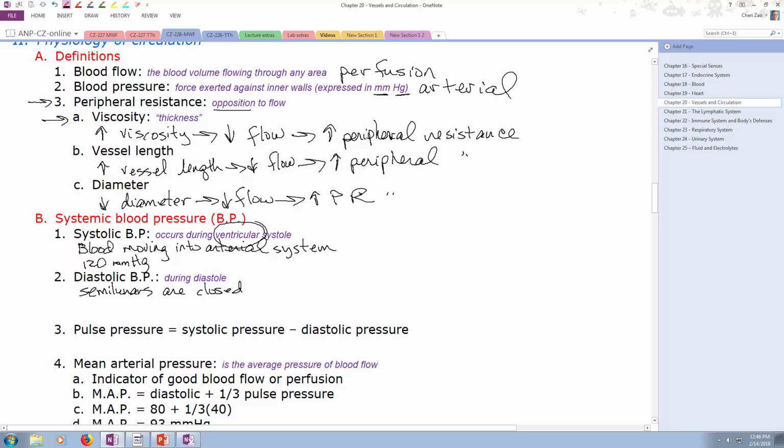So in other words, we don't have blood moving into the arterial system, but we actually have residual blood in the system still moving along because of the elastic recoil of the vessel that it was just forced into.